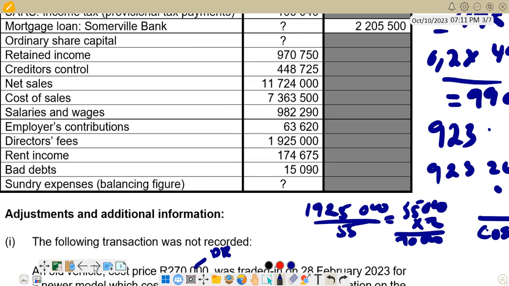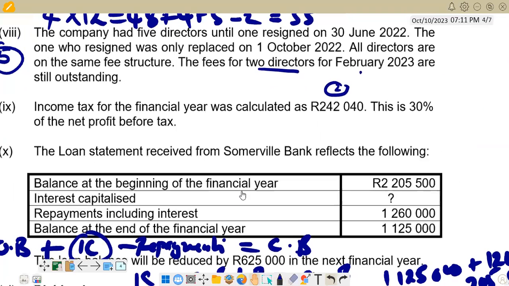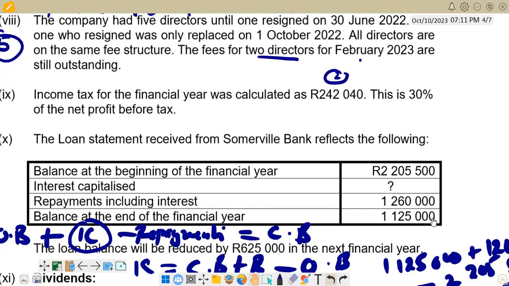There is a question mark in the list of balances, but we have information given in the additional information here. This is the balance that we have, 1,125,000. This is the closing balance of the mortgage. But then we have got additional information that we are given there.